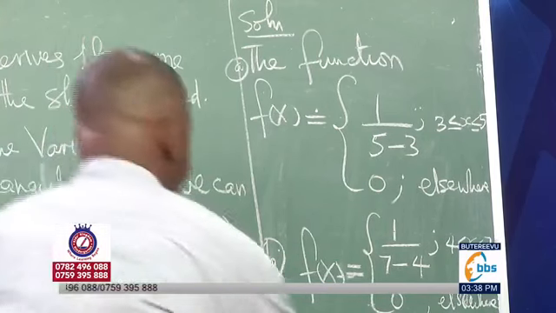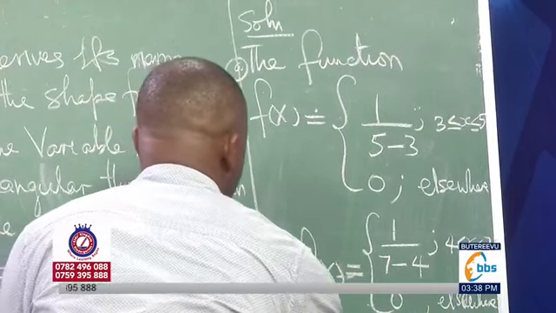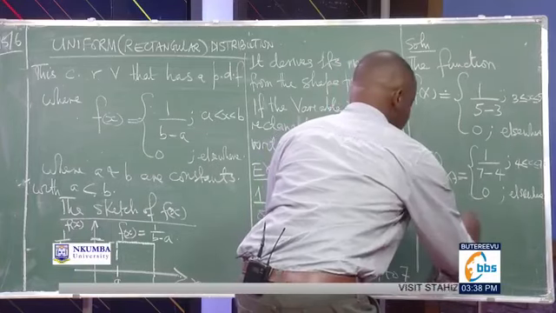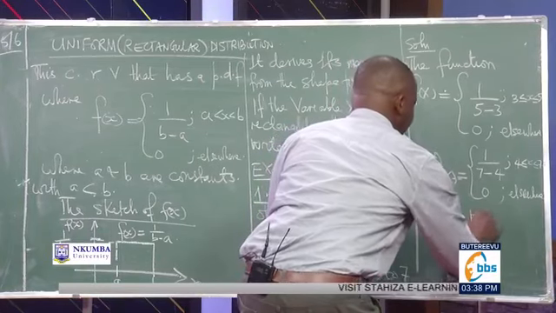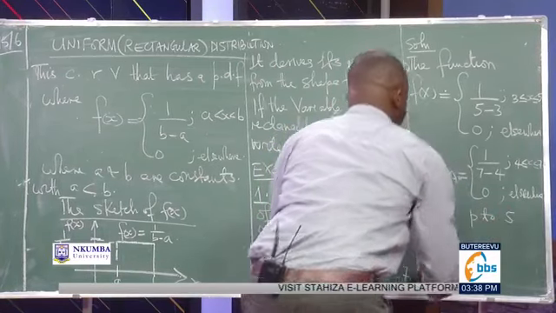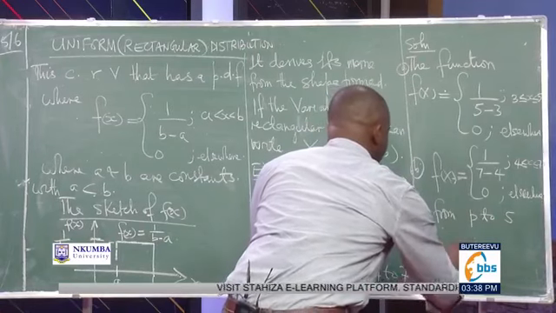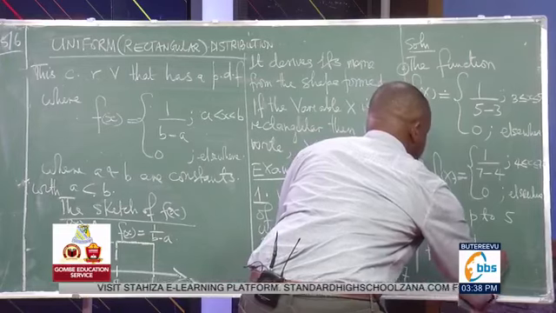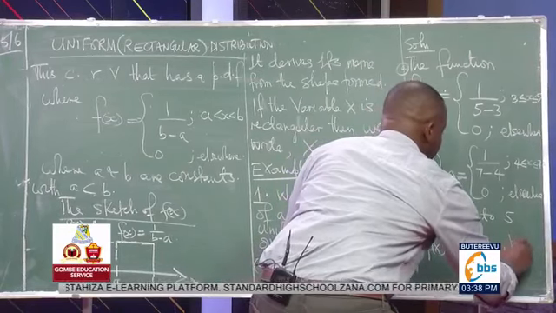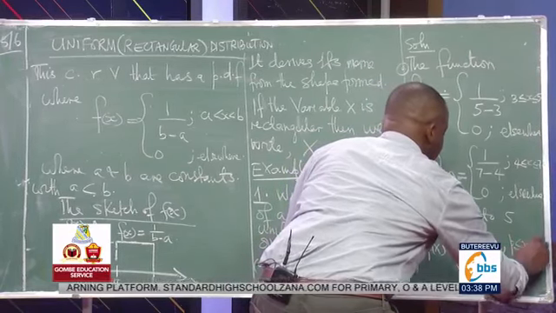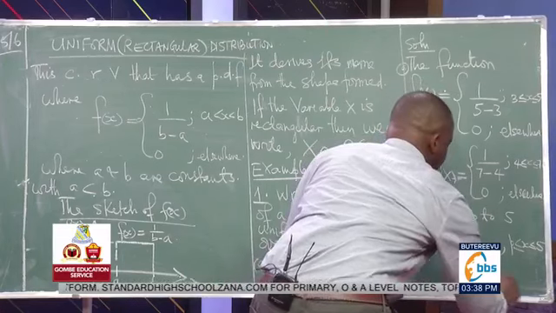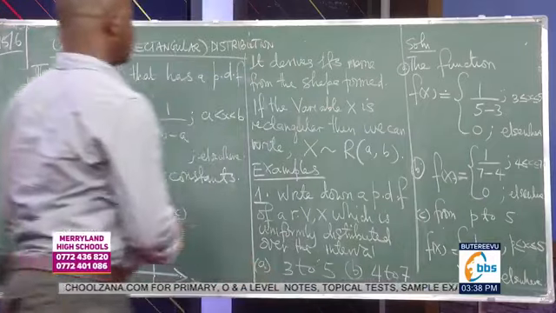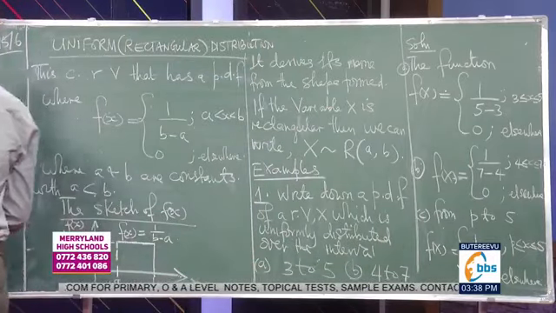Even if we had C, for example, say from P to 5, the f of x will be a function from 1 over 5 minus P, for P less or equal to x less or equal to 5, 0 elsewhere.